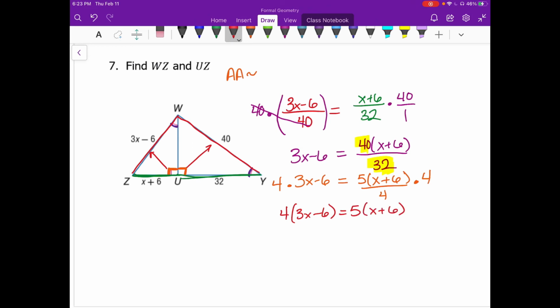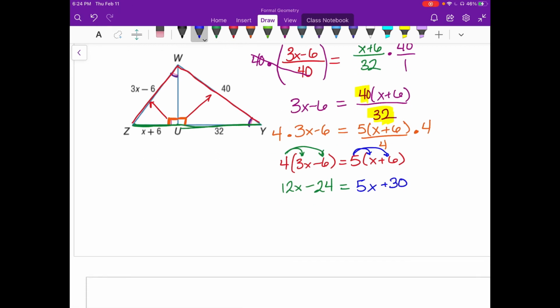Let's distribute these. First, let's distribute that 4, and I get 4 times 3x, which is 12x, minus 4 times 6, which is minus 24, equals, now we've got to do it to the right side. 5 times x is 5x. 5 times 6 is 30, so plus 30.